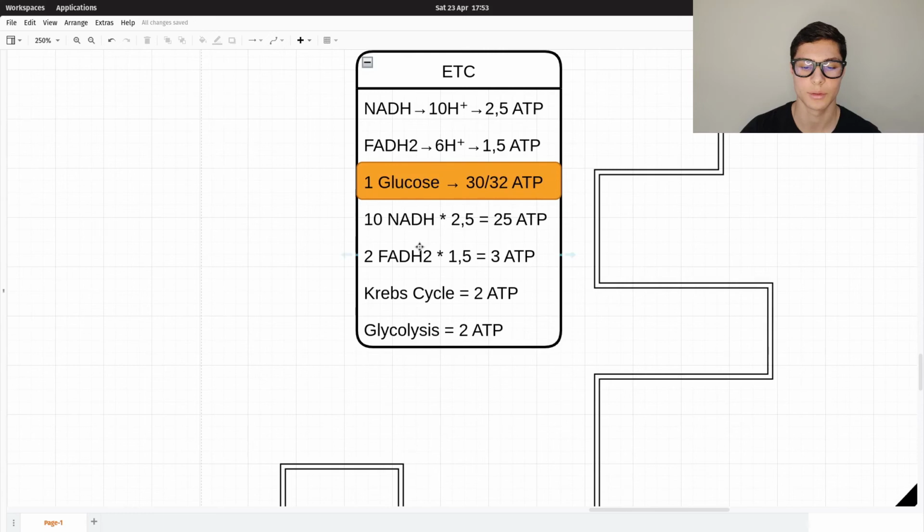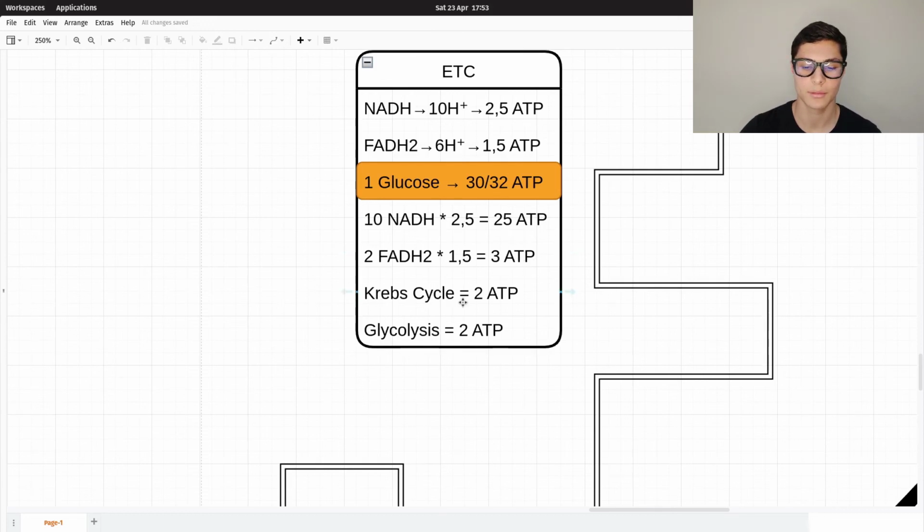from 1 glucose. Why is that? Well, 6 from the Krebs cycle, as well as 2 from the glycolysis and 2 from the transition step, so 10. Multiplied by 2.5, that's 25 ATP. 2 FADH2 from the Krebs cycle, multiplied by 1.5, that's 3 ATP, so we have 28.